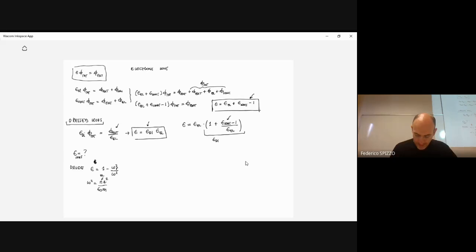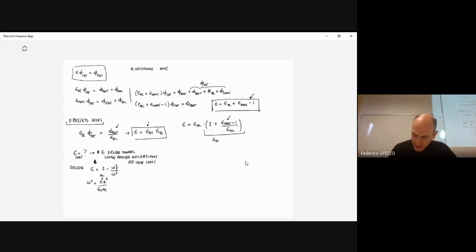electrons. So the point is, we may use the relative permittivity that we obtain with the Drude model to describe long-range oscillations of the ionic system, of the ions.